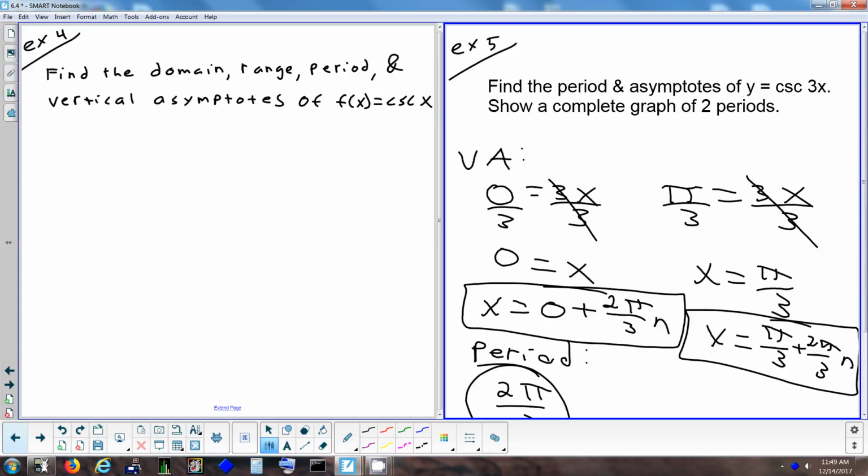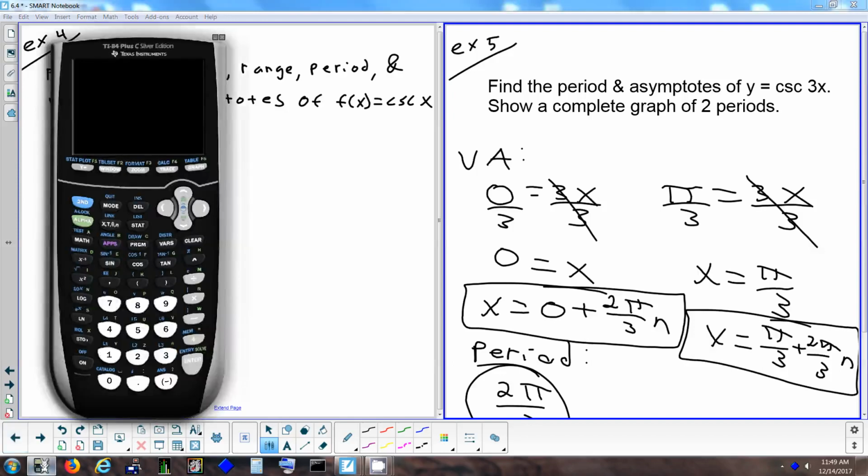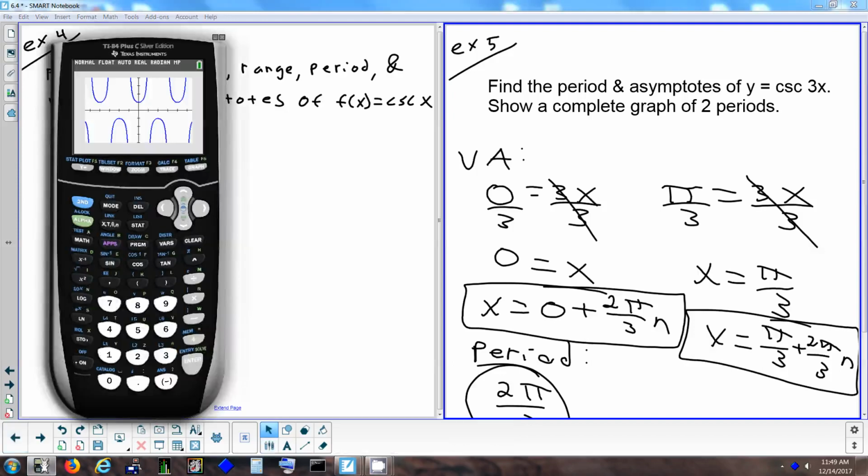So if you wanted to show 2 periods on the calculator, on your window, set it from 0 to 4 pi over 3. Now if we type that in, we should get exactly 2 U shapes and 2 N shapes. One U shape and N shape together are a period.